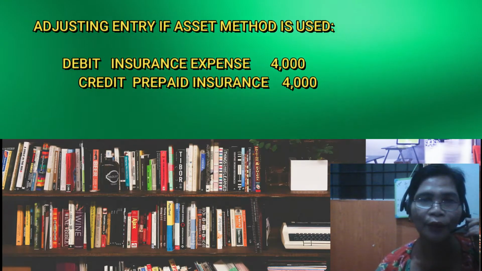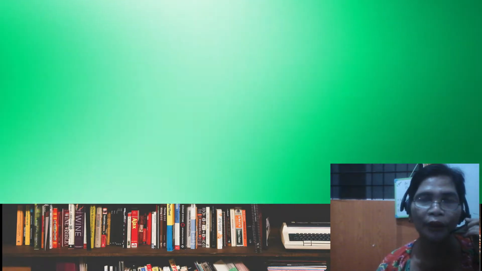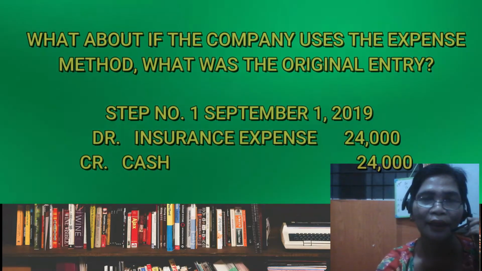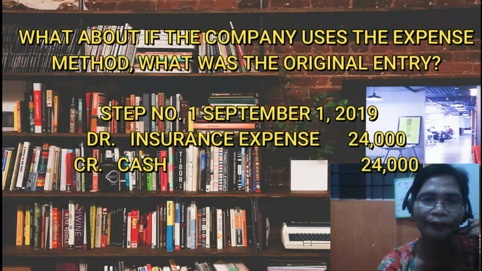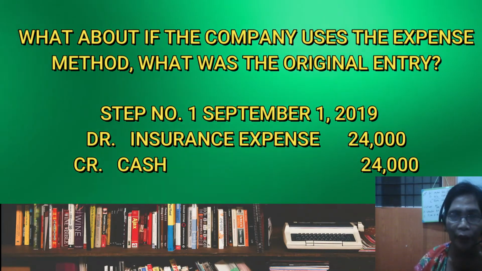Okay, so we will proceed to another example. This time, the company treated the insurance as an expense. So the company uses the expense method. What if the company uses the expense method?